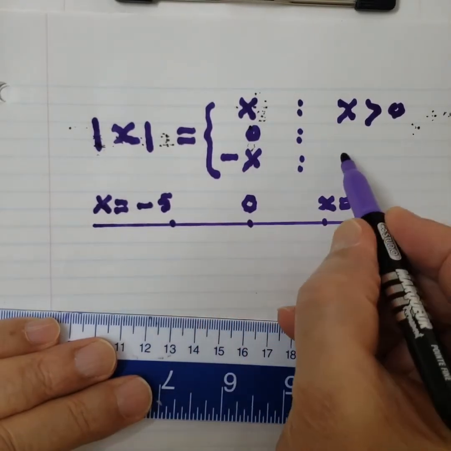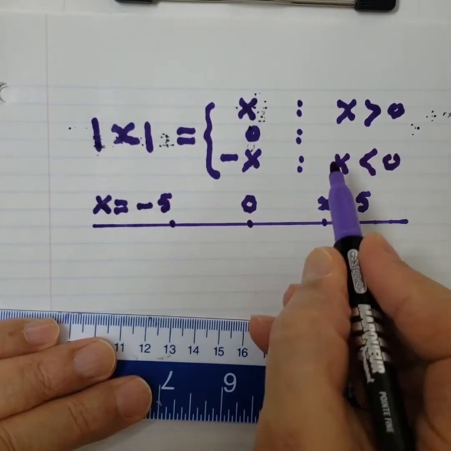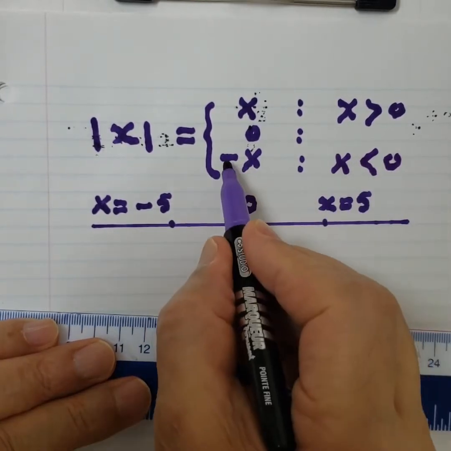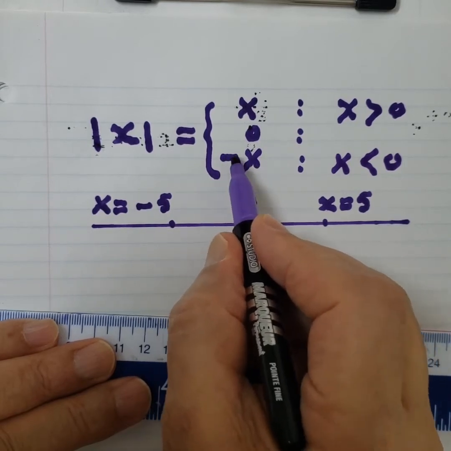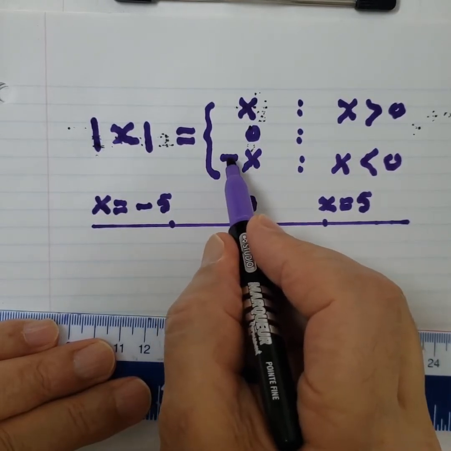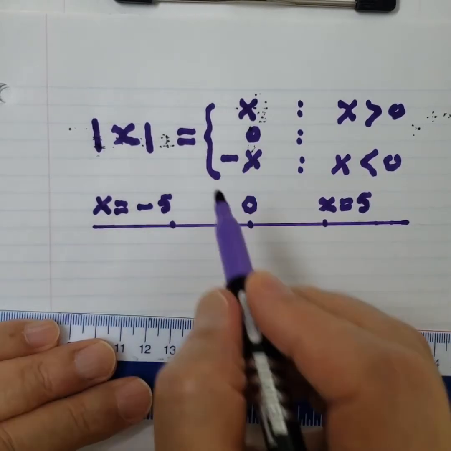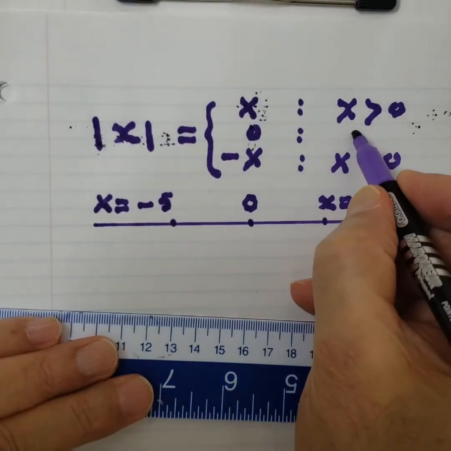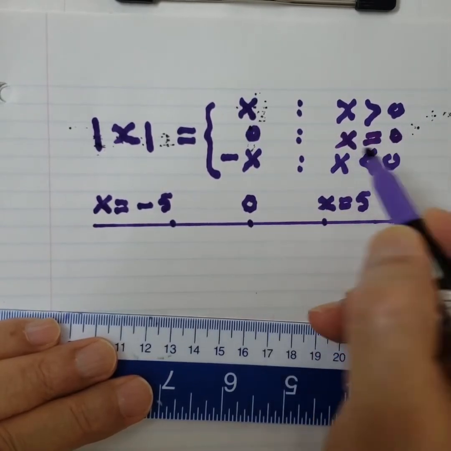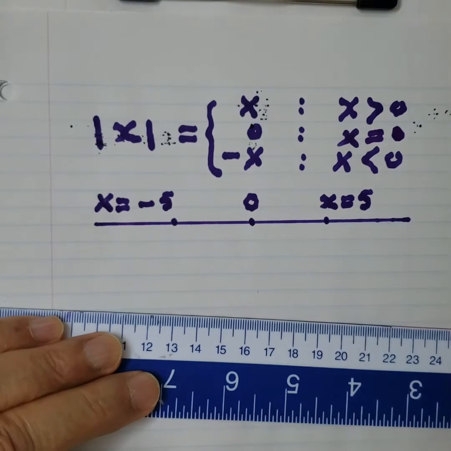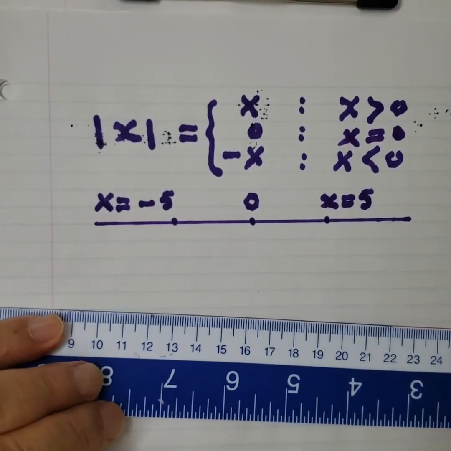And this one when x is negative, because when x is negative, we have to keep the result not negative. That's why we put in front of x a sign of negative also, negative times negative, that means it's positive. And when x is 0, the value of the absolute value is 0. This is the definition of the absolute value in general.